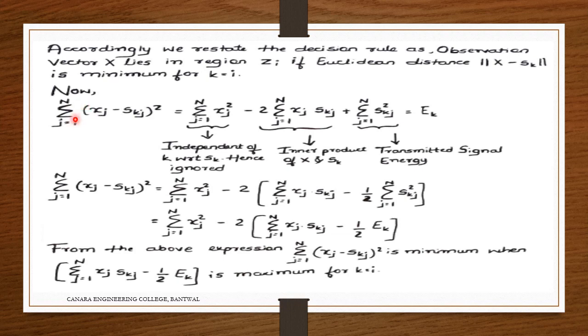Now, the summation of j equals 1 to capital N of xj minus skj the whole square equals the summation of xj squared, minus 2 into the summation of xj into skj, plus the summation of skj the whole square, which equals ek. This first term is independent of k, hence it is ignored here.